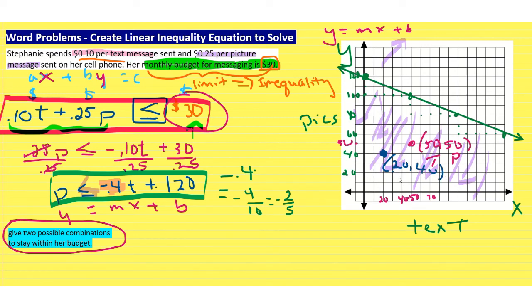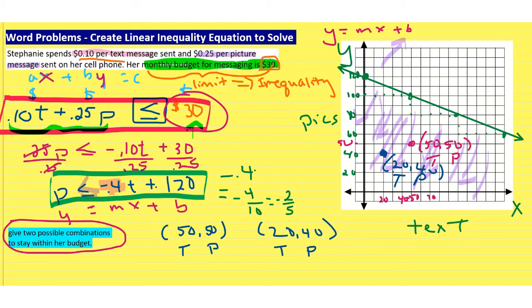So that means I could choose 20 text messages and 40 picture messages and still stay within my budget. So 2 possible combinations would be 50-50 and 20-40. But any of the points in that shaded area would give me a number of text messages and a number of picture messages that I could send on my phone and still stay within my budget.